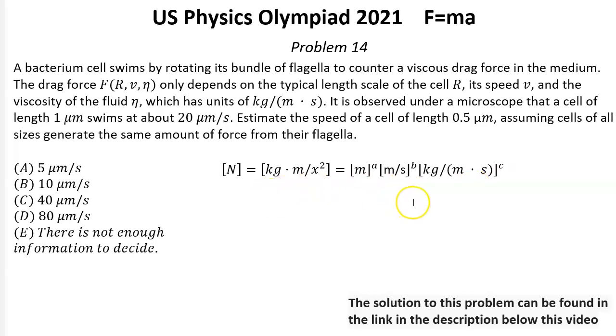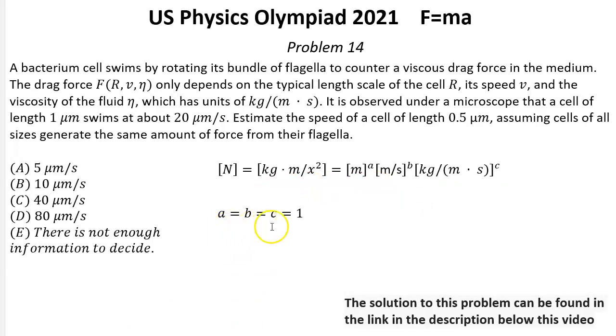The only solution for this equation is a equal b equal c equal 1. So it means that force F is proportional to R v nu. It means that if we decrease size twice, we have to increase speed twice. So it means that the correct answer is C, and that was the solution for problem number 14.